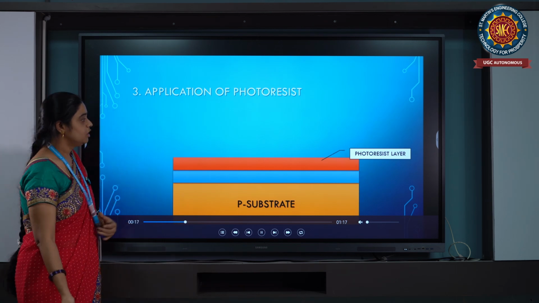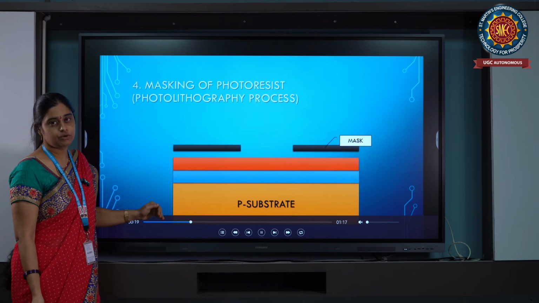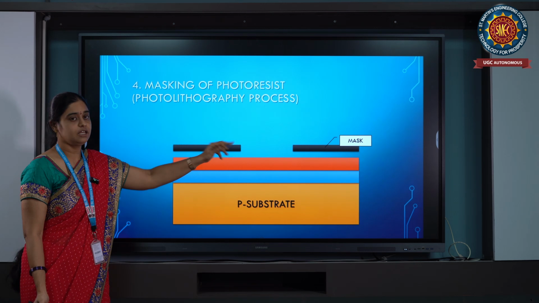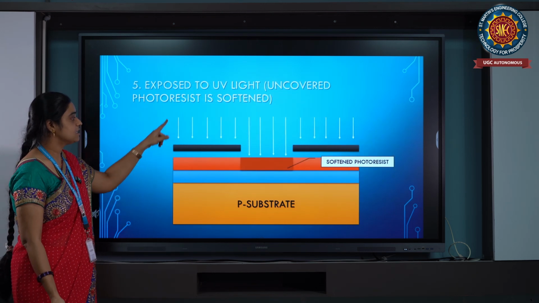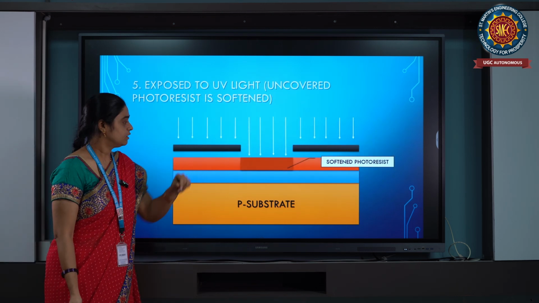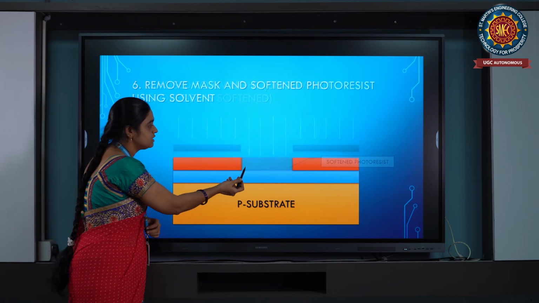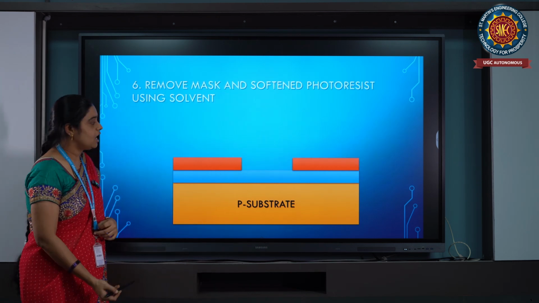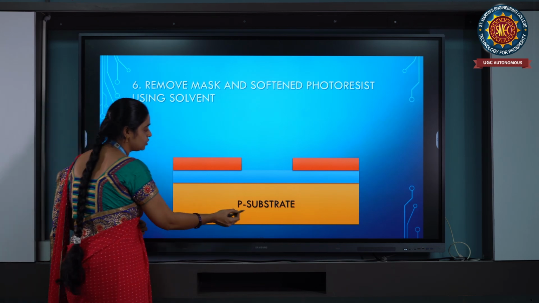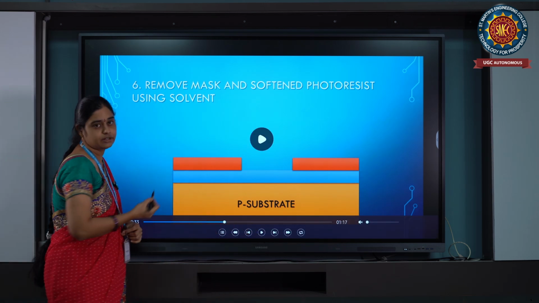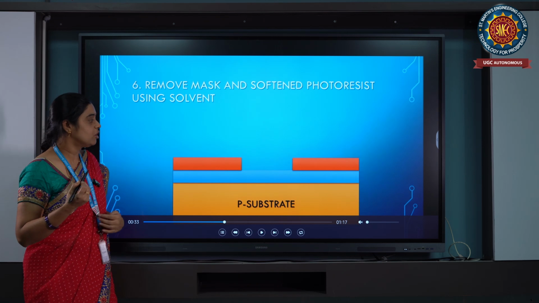Let us continue. This photoresist layer is a light sensitive layer. Now we are placing a mask layer over top of it and passing UV light to the substrate. You can see here this is softened photoresist, and after passing through the etching solution, what will happen?